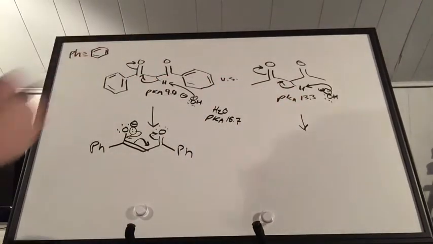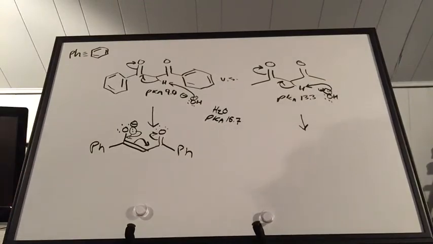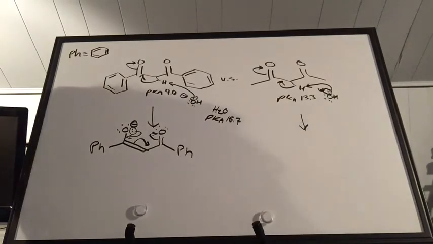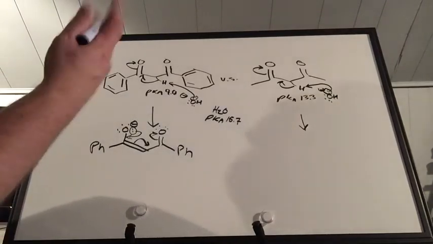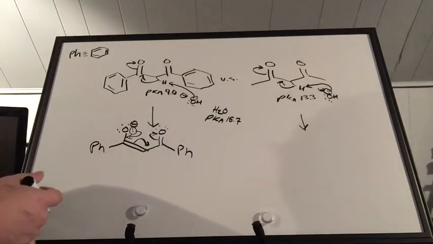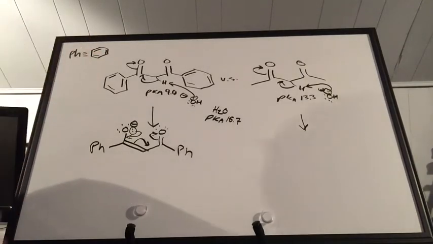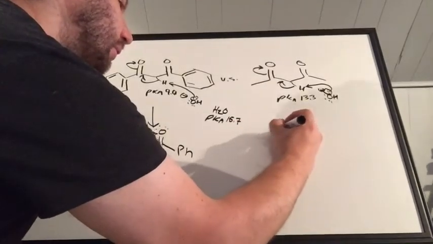So in other words, OH minus is going to be a stronger base than this conjugate base form of this diphenyl dione, 1,3-diphenyl-1,3-propanedione compound. Okay. So in other words, this is going to be a stronger acid than the water is, right? If you want to look at it from the other side, another angle.